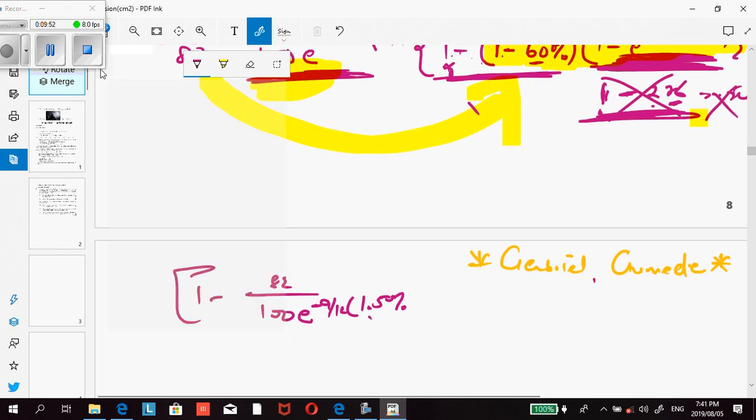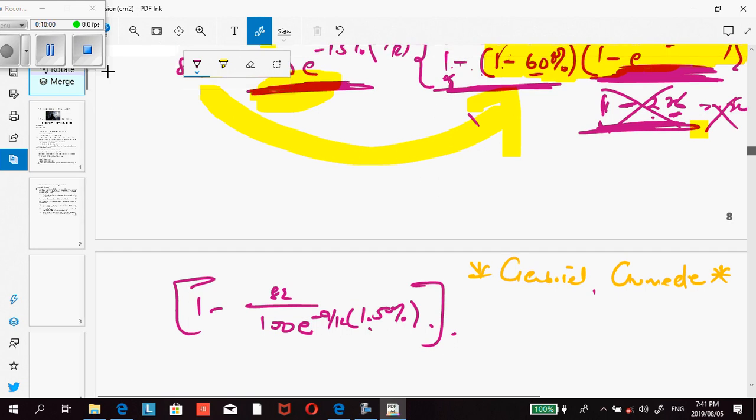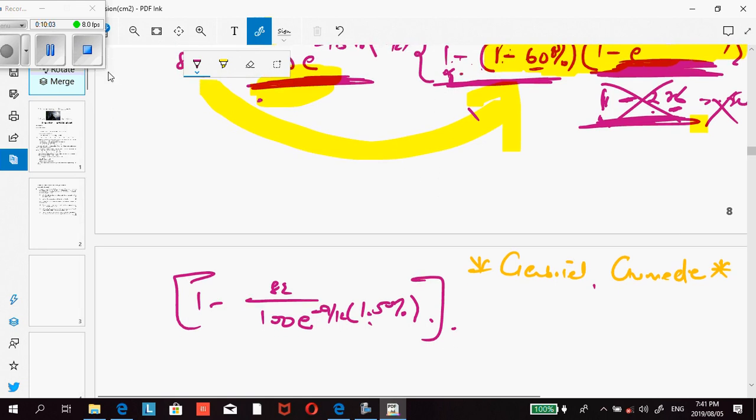Just wanted to make sure. So what I'm saying is 1 minus this whole thing, while this package is this side. Obviously, this here is 0.4. So I've still got to divide this by 0.4.